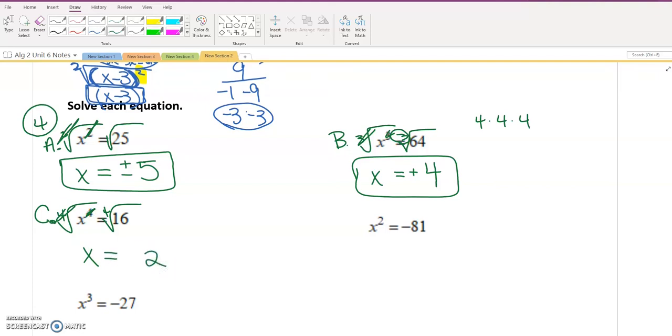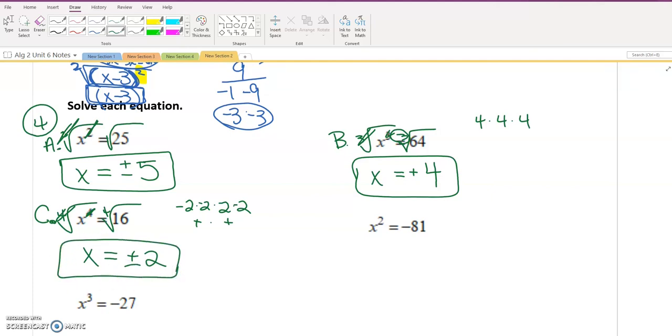Now we have to think about it like we did before. We know 2 times 2 times 2 times 2, so all positive means we're going to get positive 16, so it can be positive. But can all the 2's also be negative? Yes, because a negative 2 times negative 2 is positive, and then positive times positive is going to give us a positive 16. So that means it could be a plus or a minus 2.